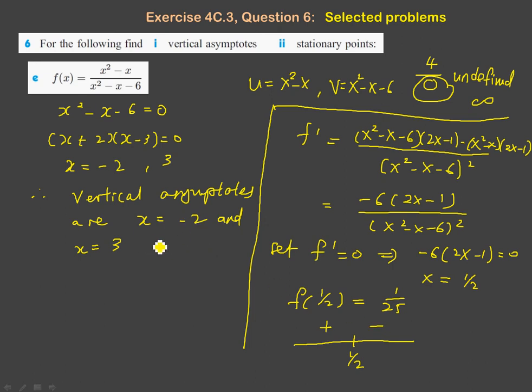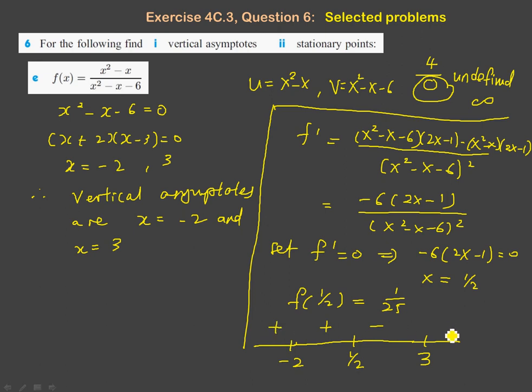Because you notice that there are two vertical asymptotes, which are part of the critical values, so you have 3 critical values: a half, 2, and 3. So you need to extend your sign diagram and include 2 and include 3, and find the signs to complete the sign diagram.